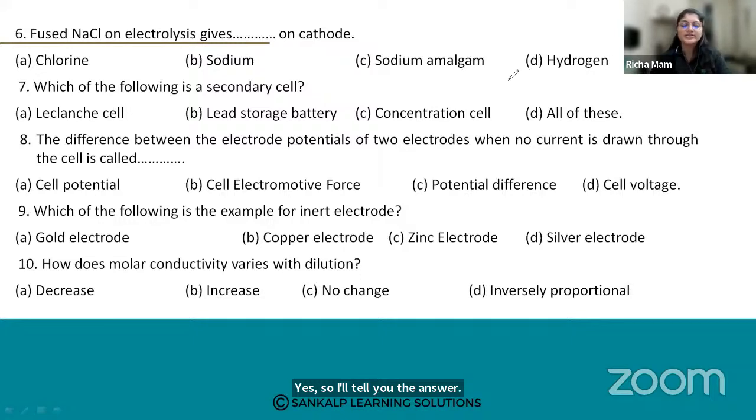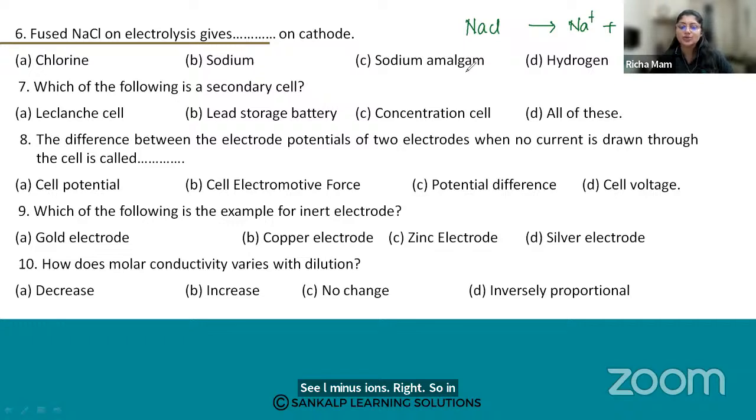On electrolysis of this molten or fused NaCl, as you know, NaCl dissociates into Na plus ions and Cl minus ions in the molten state.